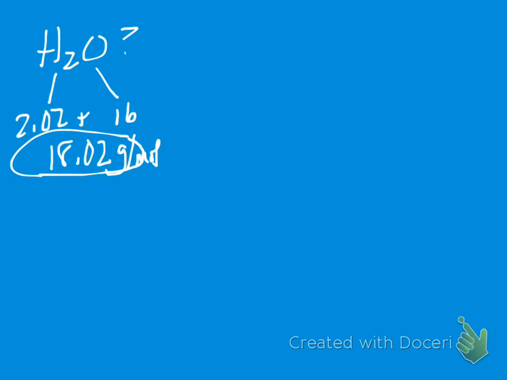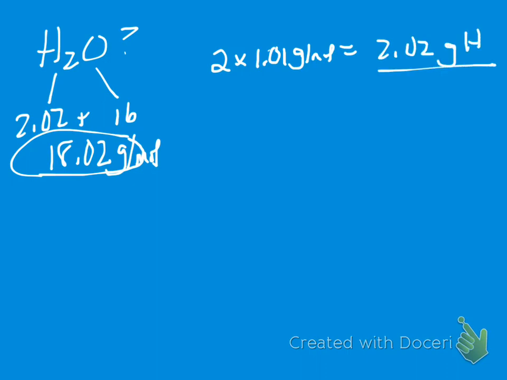There are 2 moles of hydrogen in every 1 mole of water. So 2 times 1.01 grams per mole, 2.02 grams of hydrogen in 18.02 grams of water.